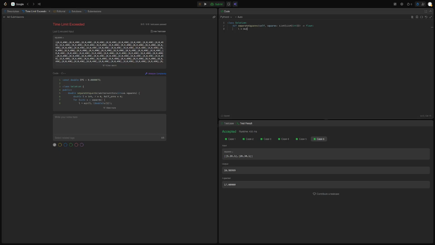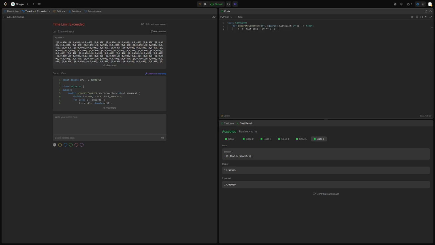L is min S0. Max S1 plus S2 for S in squares. LR. Half area is 10 to 9, 0.